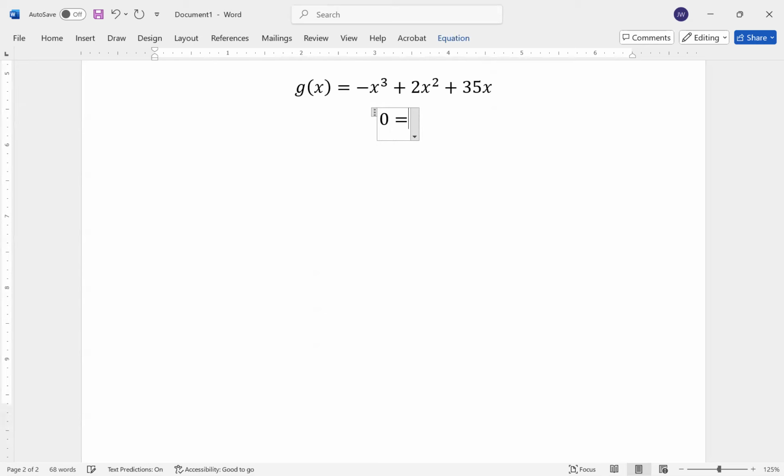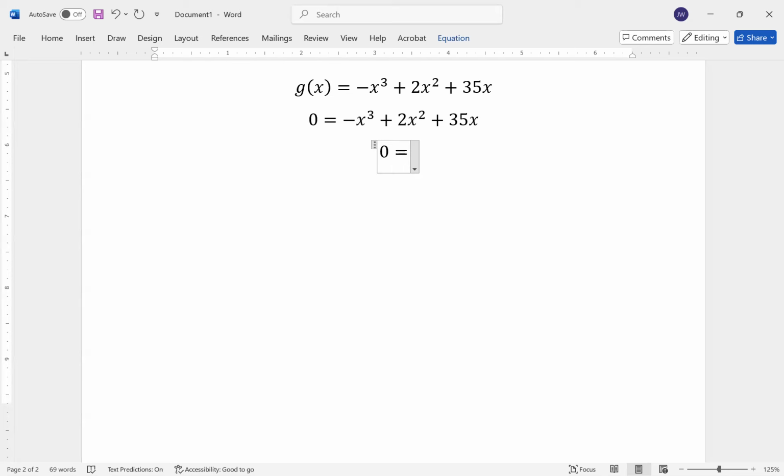I would set the y value equal to 0. In this case, you'll notice that I have a -1 as my coefficient of x to the third. Also, each term on the right has a factor of x.